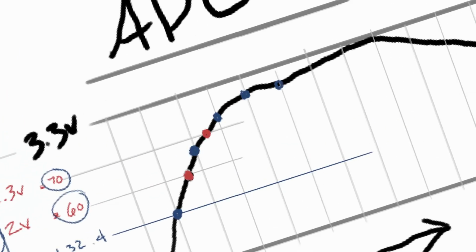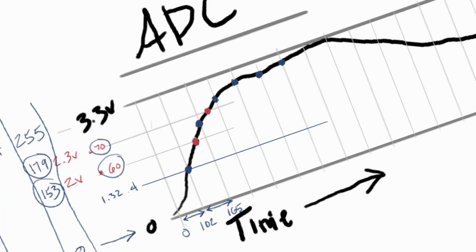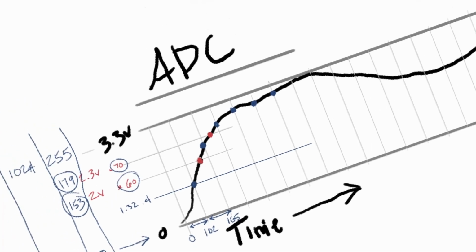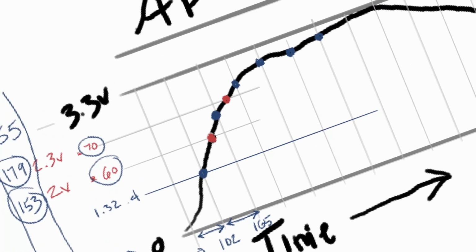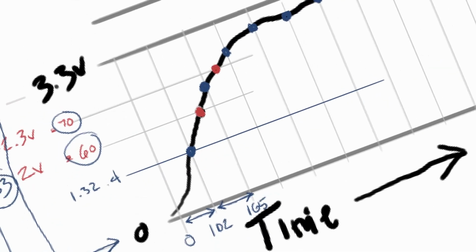I'm showing it to you in this way because a conversion happens between two periods of a time frame. This is important because the ADC, the analog to digital converter, needs to be connected to a clock source in your microcontroller. And that clock source has to be pre-scaled or scaled in a way that it allows time for a conversion to happen.